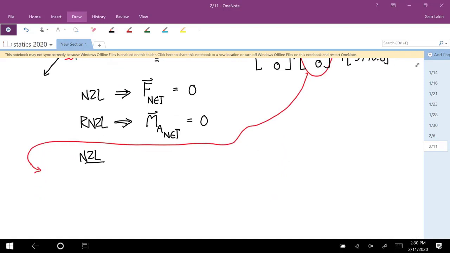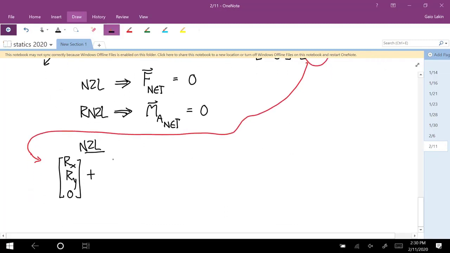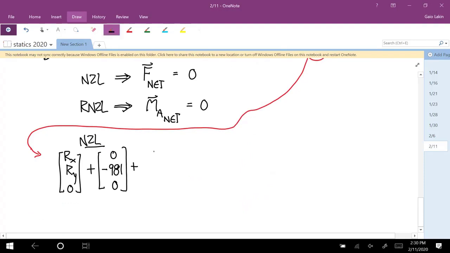So we have Rx, Ry, 0, plus 0, negative 981, 0, plus 0, 1962, 0, and that's all the forces, are equal to 0, 0, 0.